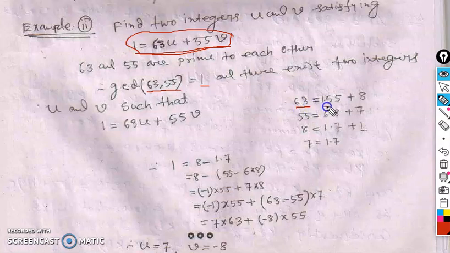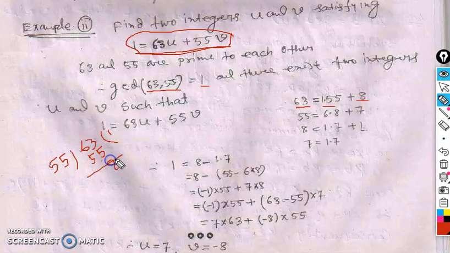63 equals 1 into 55 plus 8. When you divide 63 by 55, it's a very easy procedure: the quotient is 1, the product is 55, and the remaining result is 8.